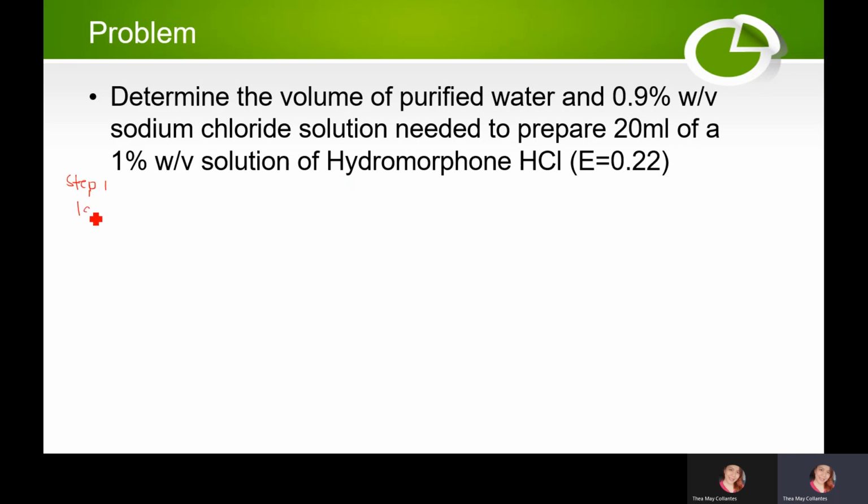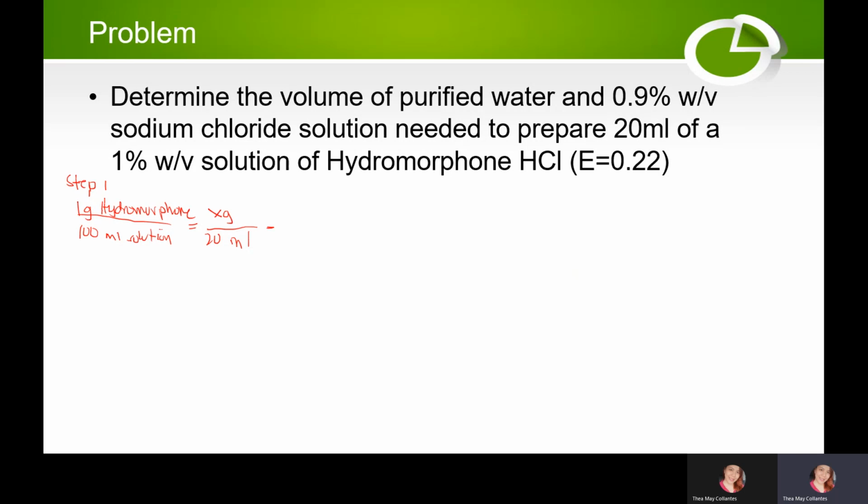Again, you have 1 gram of hydromorphone over 100 ml of solution. So if I want to make 20 ml, how much hydromorphone do I need, right? So X grams of hydromorphone, how much?